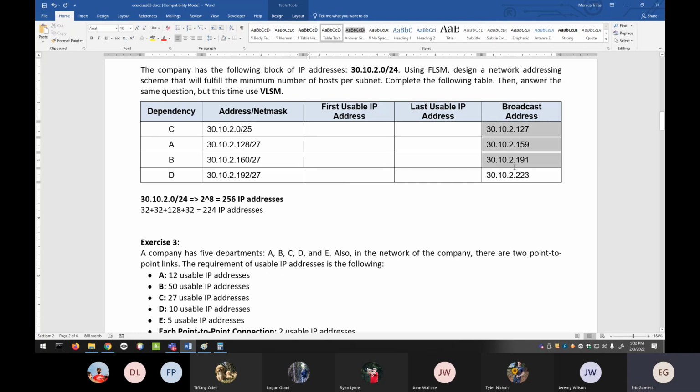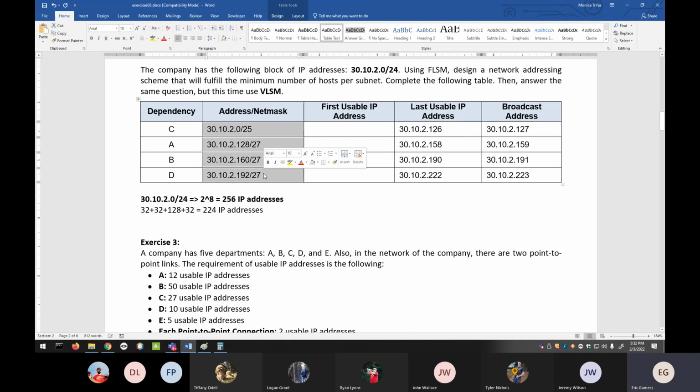For example, let's fill the last valid IP address. So one IP address before 127 is what? 126. One IP address before 159 is 158. One IP address before 191 is 190. One IP address before 223 is 222.